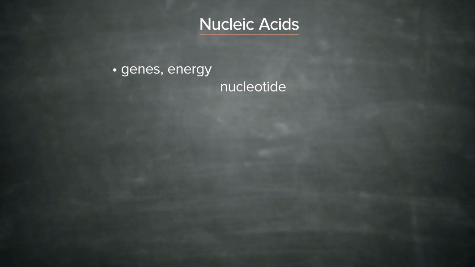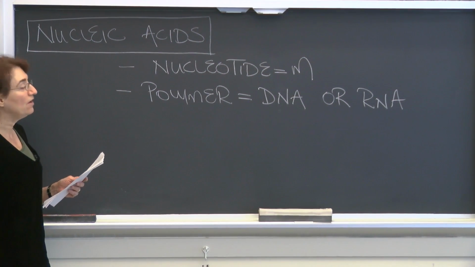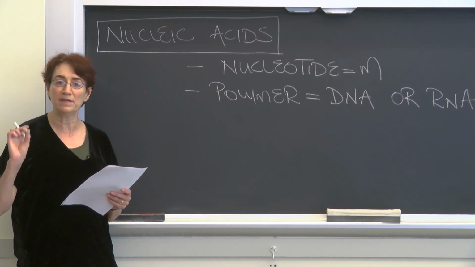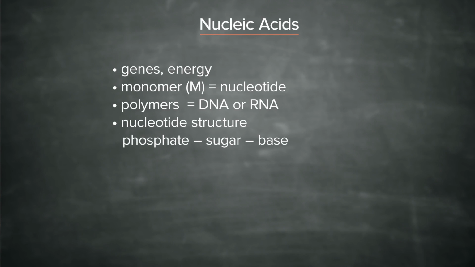Nucleic acids are made up of nucleotides. The nucleotide would be the monomer. The polymer is either DNA or RNA. The structure of the nucleotide is stereotypical, and you should know the names of the components. So the nucleotide structure is comprised of a sugar, a phosphate, and a base. And we write it really as phosphate, sugar, and base. I'll show you the chemical structure in a moment.